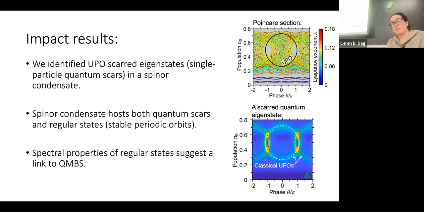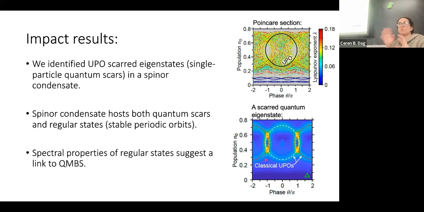Yeah, that's a very good question. Right now the model that we are studying already has many particles in it. It's a condensate of many atoms. But as I will show, we are focusing on a certain limit where the model becomes not truly single particle, but few particles.